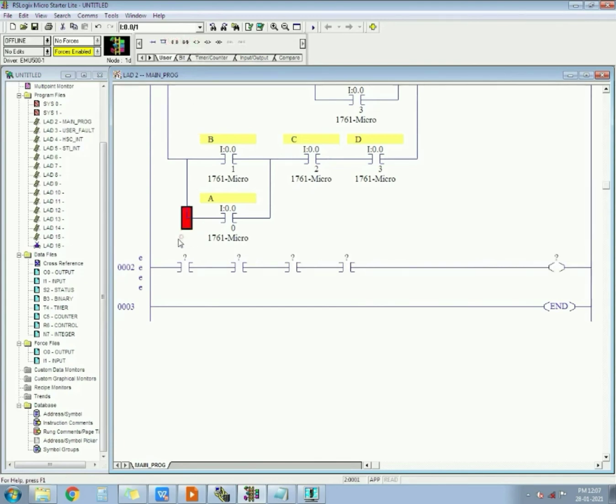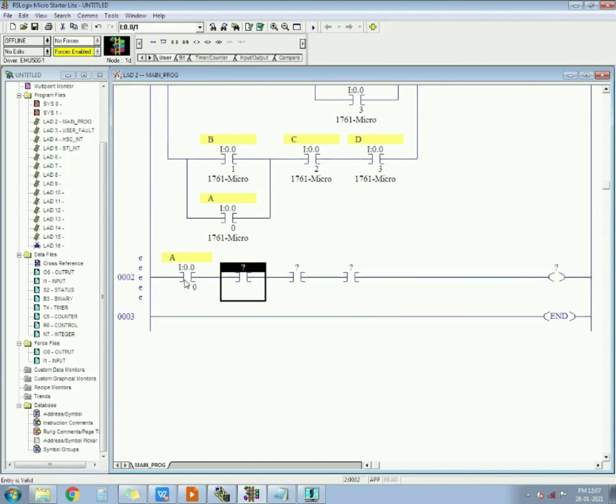I will give addressing: I1:0.0/0, A; I1:0.0/1, B; I1:0.0/2, C; and I1:0.0/3, D; and O0:0.0/2.